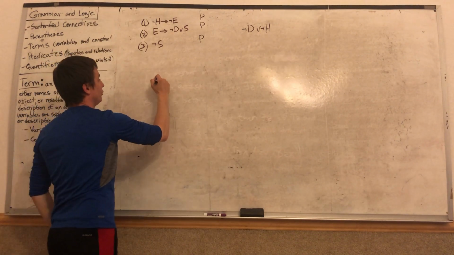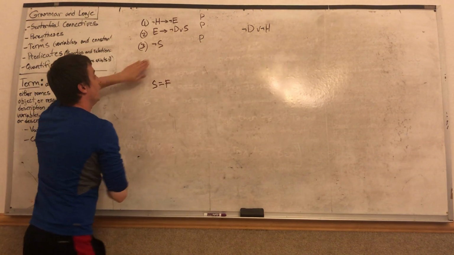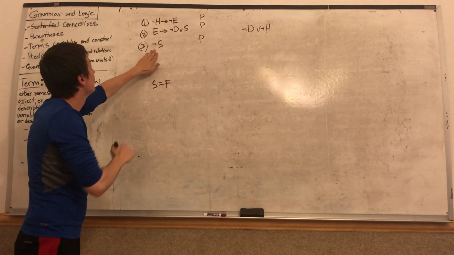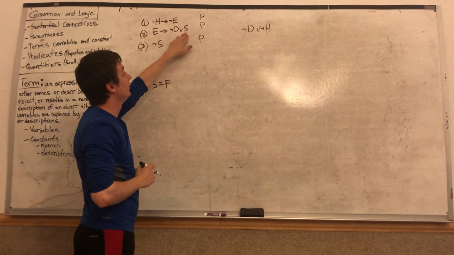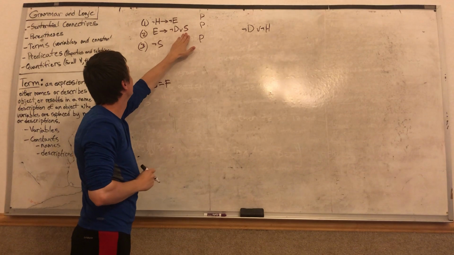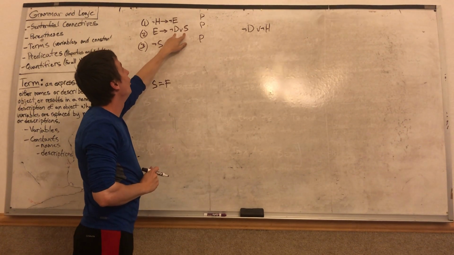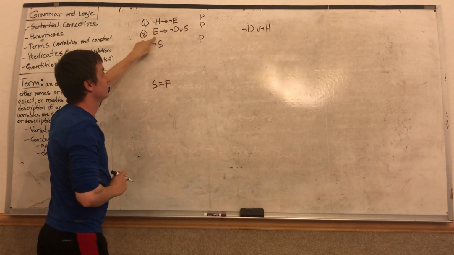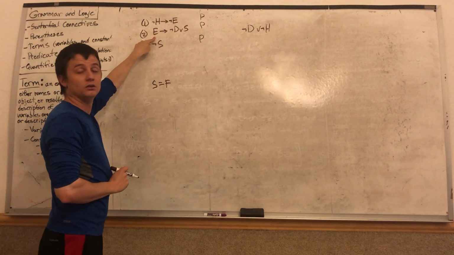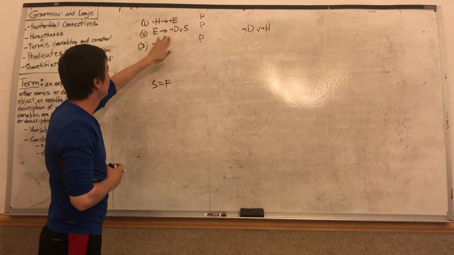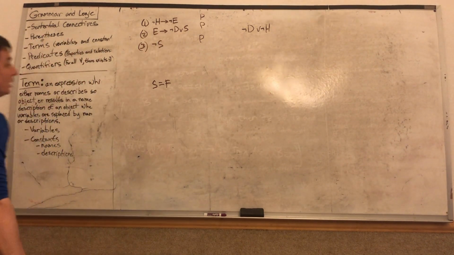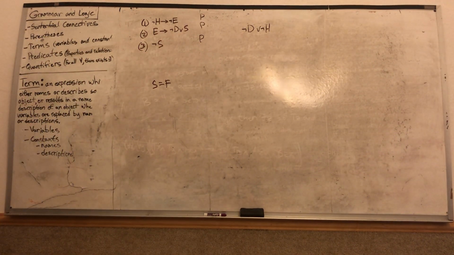We need S to be false, so that not S is true. If S is false, we have two possibilities: we can have E true or E false and we'll be fine.